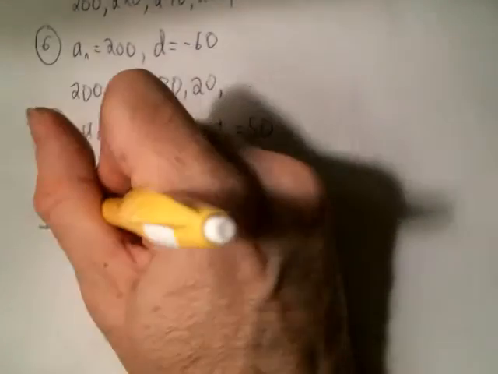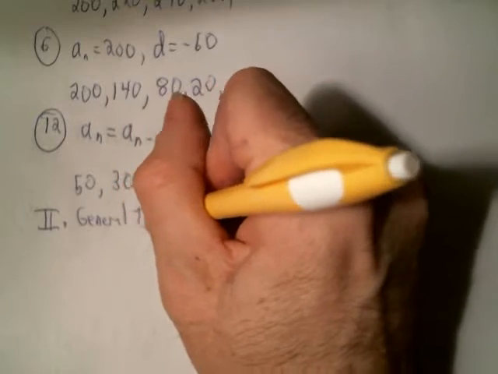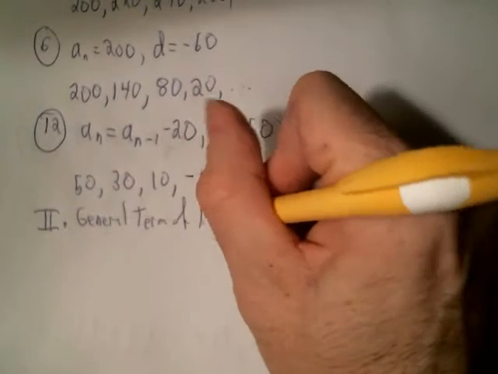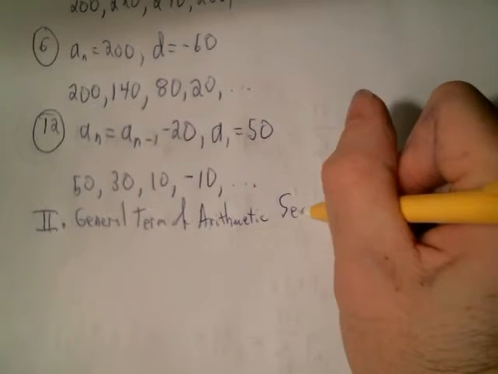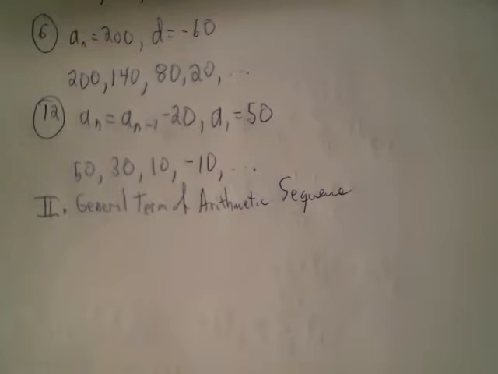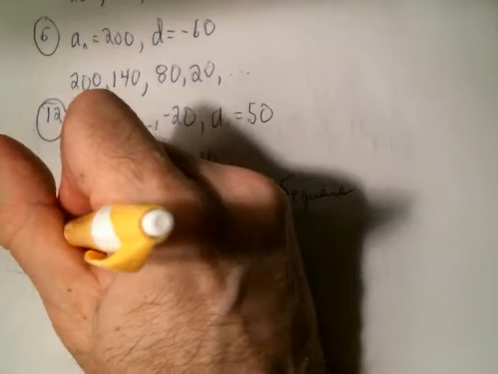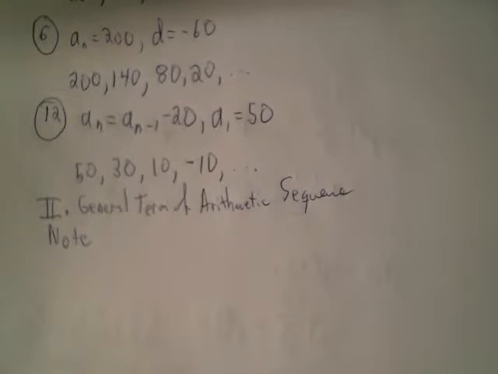Section 2, the general term of an arithmetic sequence. Okay, and we could kind of guess this. In a more advanced course, we would probably prove it via induction, but for here, I think we're just going to guess it.